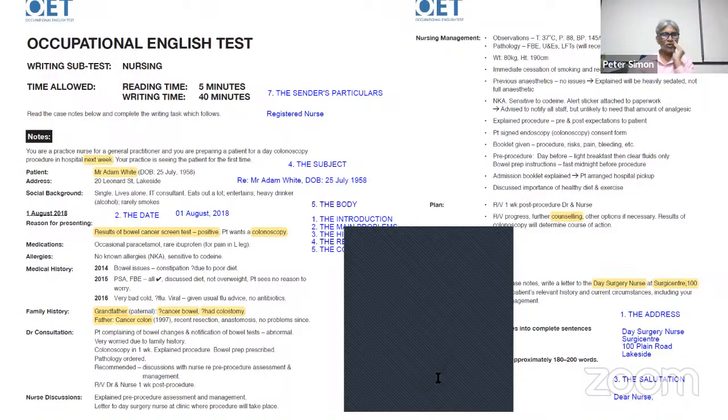So you can use these points. Write in either 2 sentences or 1 sentence.